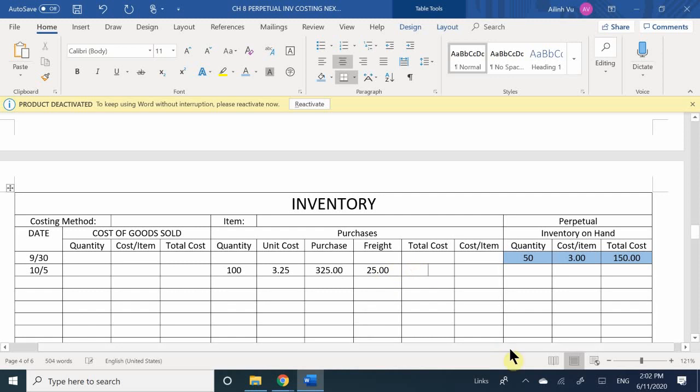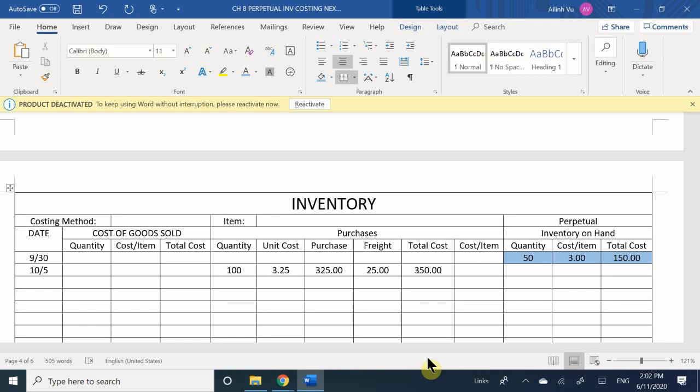Plus 25 for the freight is 350. So 350 divided by... so it's 11, 37.50.